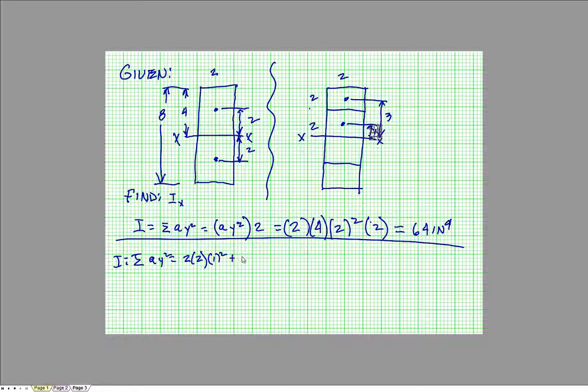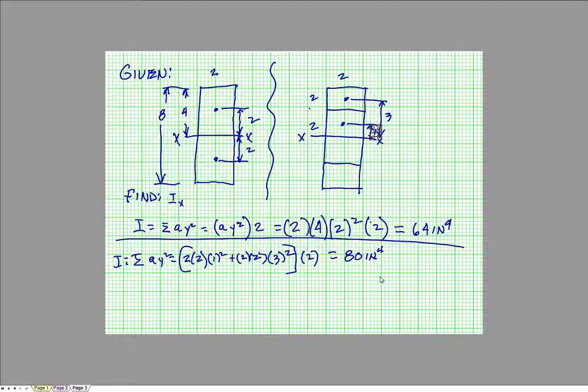Plus area 2 is 2 times 2 times the distance squared, which is 3 in this case. And since we have a top half and a bottom half, we're going to take the whole thing and double it. So we'll multiply all of that by 2. And that equals 80 inches to the fourth.